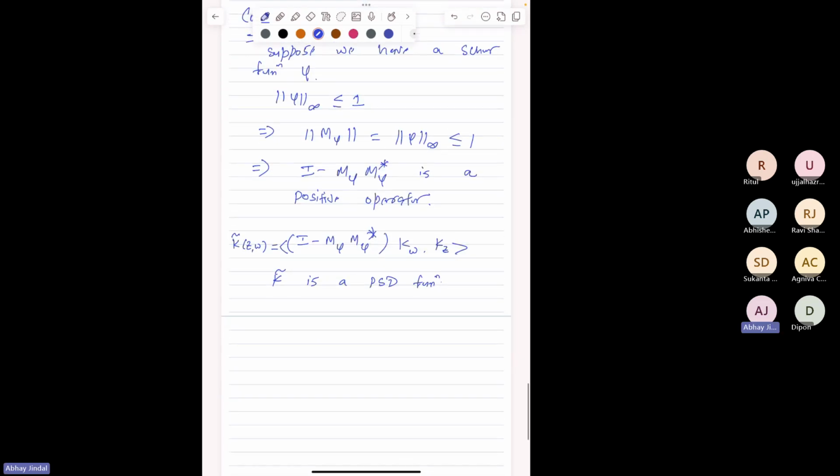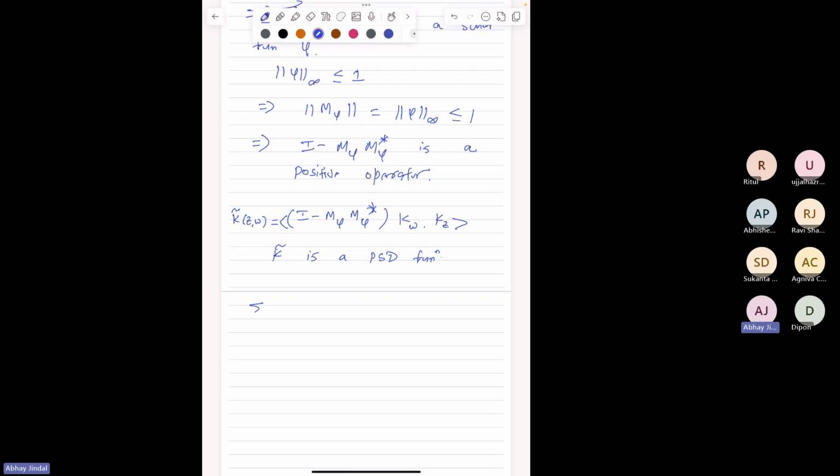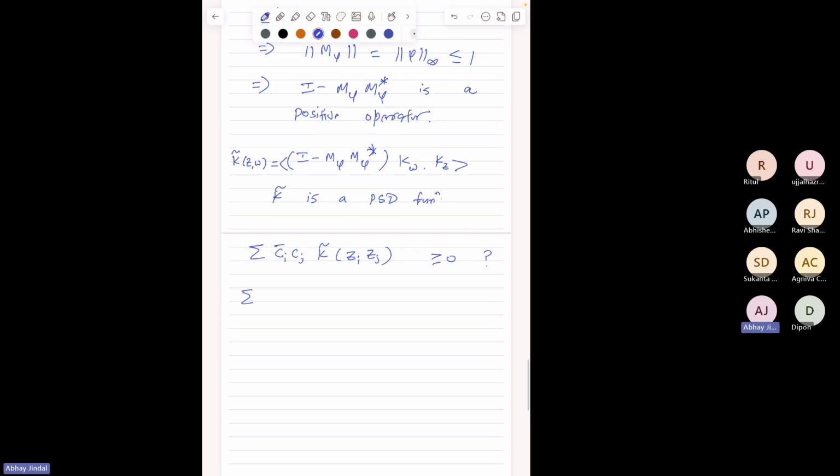How do we prove that? To prove that, we need to check that the summation c i bar c j k tilde z i z j should be positive. Let us check summation c i bar c j.